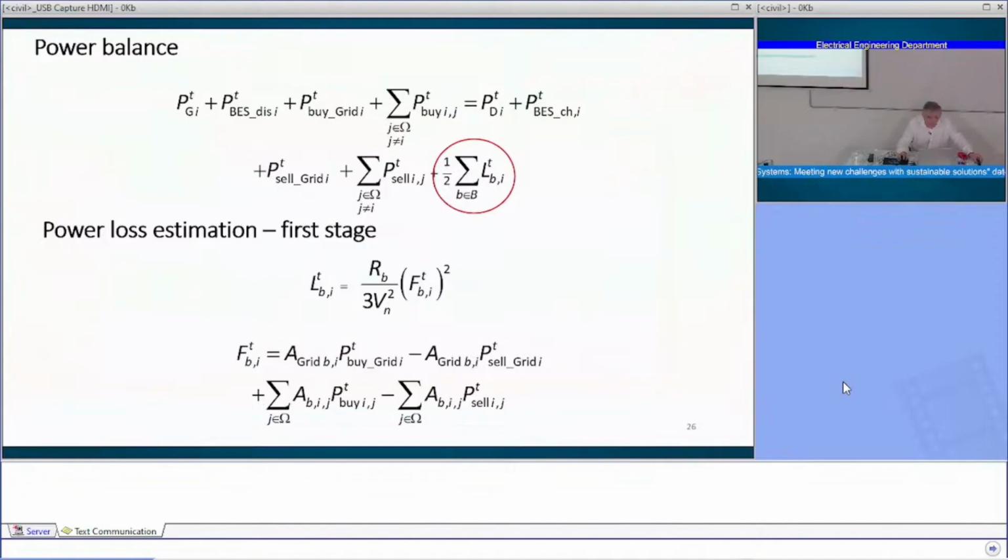Take into account the voltage and so on. And the flows are just given by these simple constraints that take into account the topology of the grid, so where the users are connected into the network, by using these matrices A grid plus, and these matrices here that take into account the topology and the connection of the various users into the feeders.